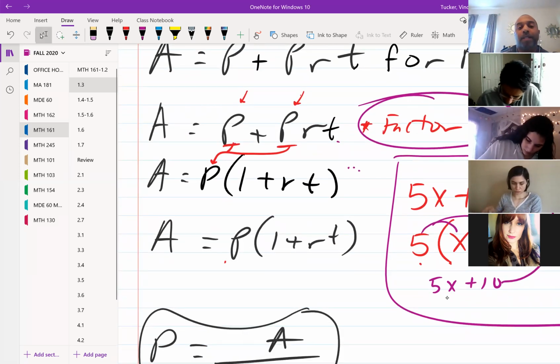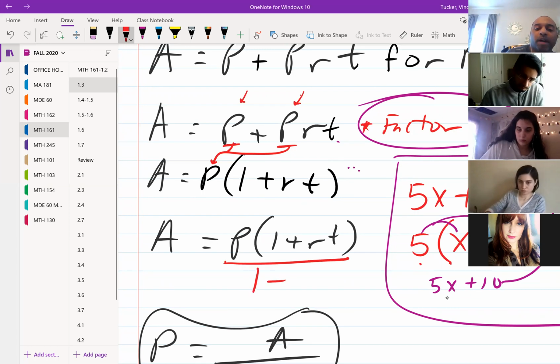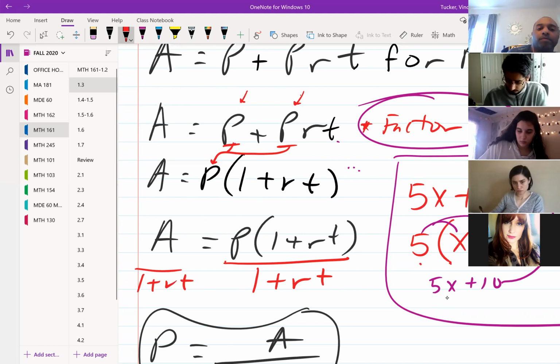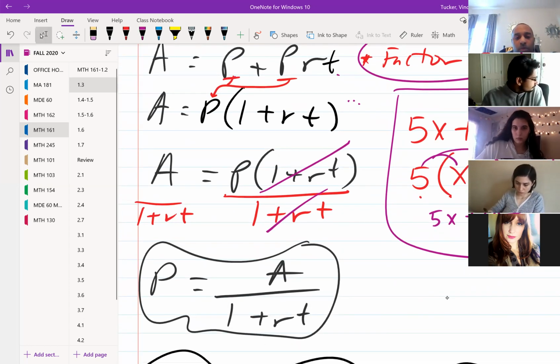So now we have P times 1 plus RT equal to A. To finish off our solving, we want to get P by itself, so we will divide both sides by that quantity of 1 plus RT. Now the 1 plus RT will cancel on the left, and that leaves me with P equal to A over 1 plus RT as a final expression.